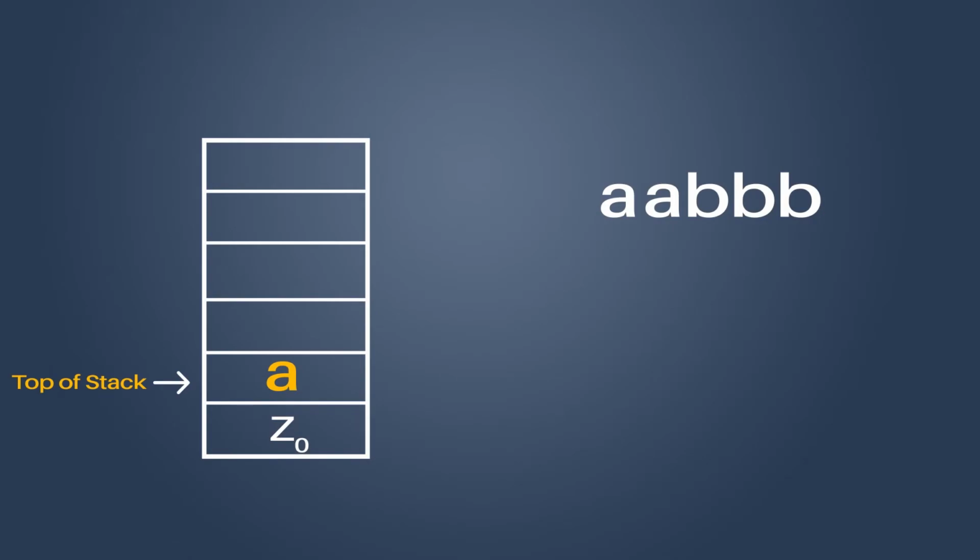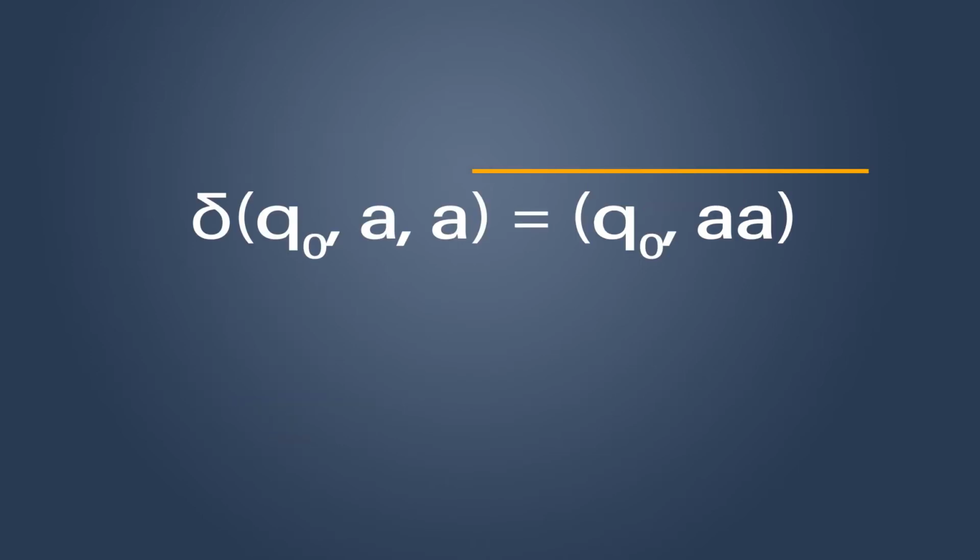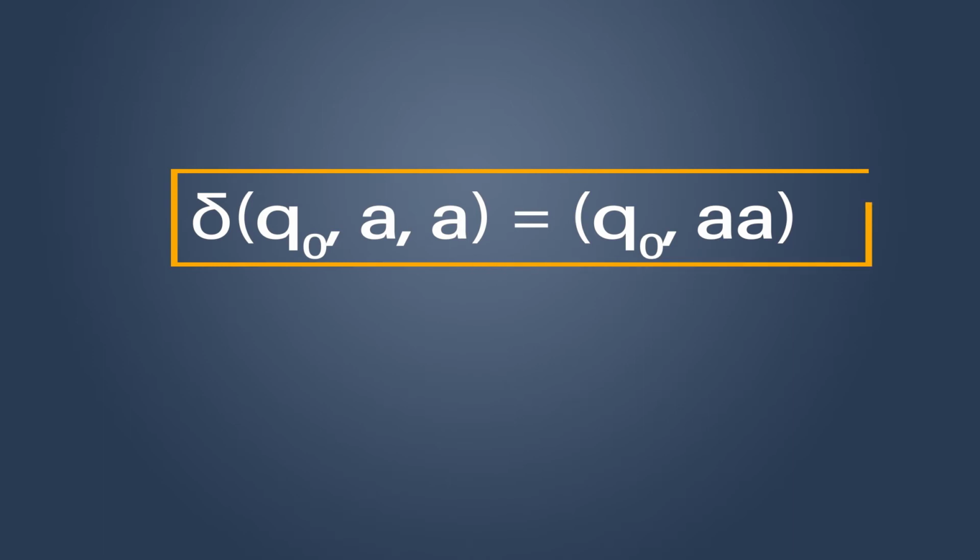Again, my input symbol happens to be a, but now if we see the stack, my top of the stack happens to be a. So we should again push this a onto the stack, and the transition function that would help us in achieving this is this. We are on Q0 state.